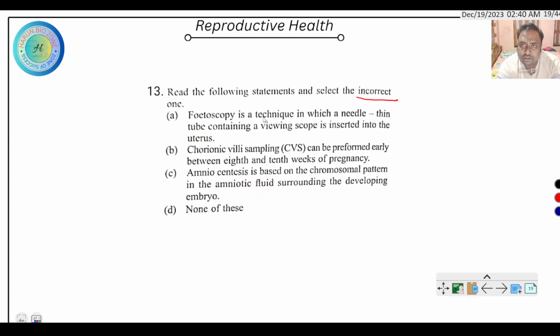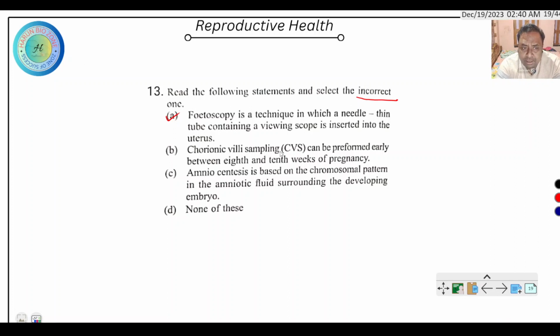In case of this technique, through injection the cells of the fetus are collected to determine any genetic disease or any genetic abnormalities of the child. Then this is the right option.